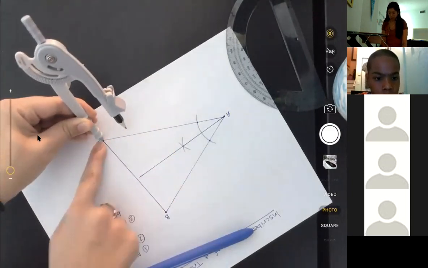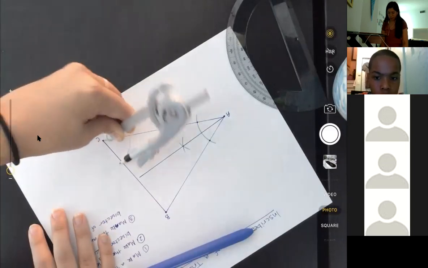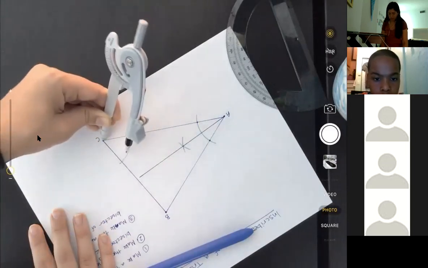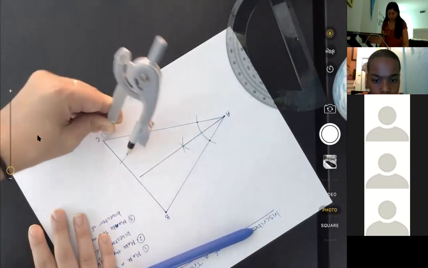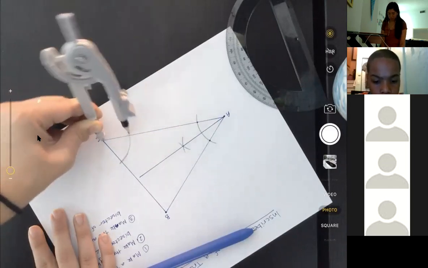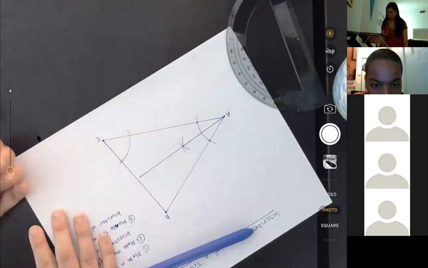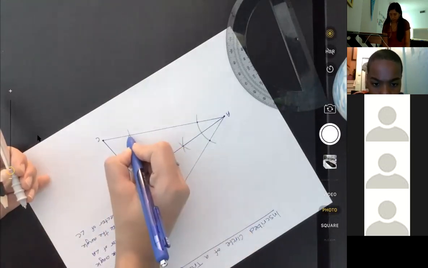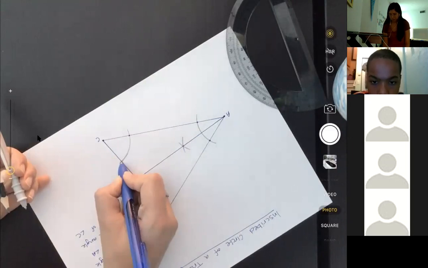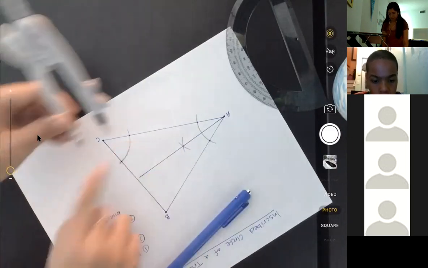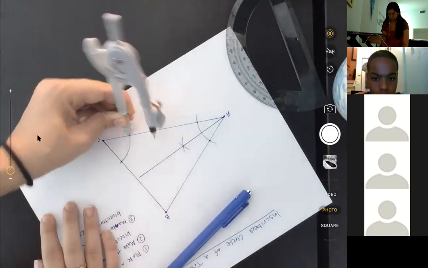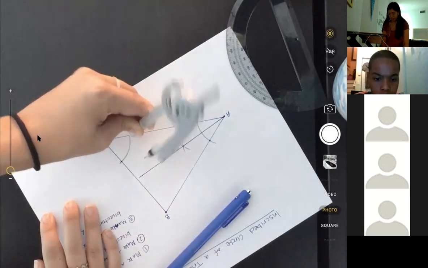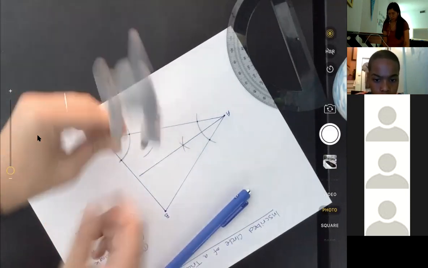So I stick it into point C and I just draw one long arc. There we go. Okay, and then I go over to where it crossed over here and over here. I stick it into each of those points and draw another arc, and both of those arcs will intersect.